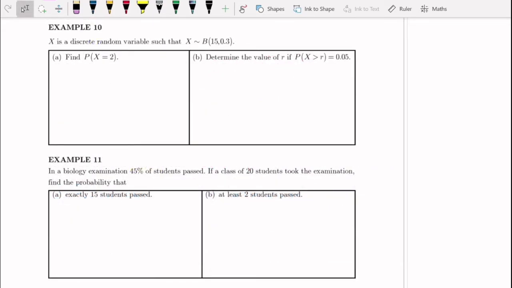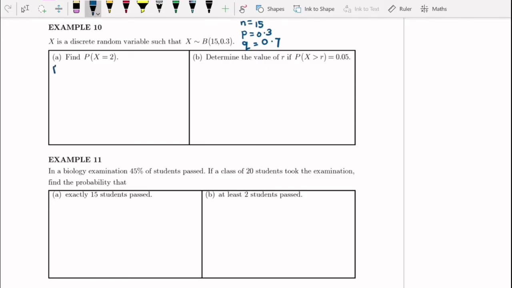Example 10. X is a discrete random variable such that x is binomially distributed with n equals to 15 and p equals to 0.3. So question A, find the value of probability x equals to 2. So from this question, we have n equals to 15, p equals to 0.3, and q is equals to 1 minus 0.3, which is 0.7. So to answer this question, probability x equals to 2, we can use the formula.